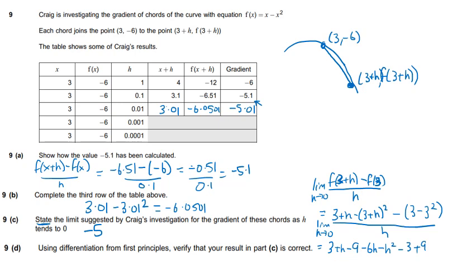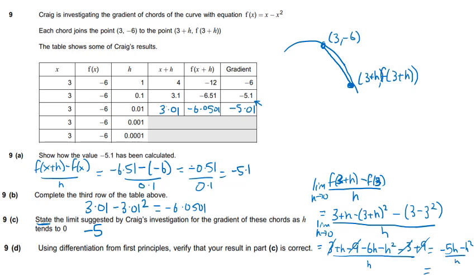And what always happens with these is that lots of things cancel out. So 3 cancels out with that 3, that 9 cancels out with a minus 9. And we're left with minus 5h minus h squared over h.